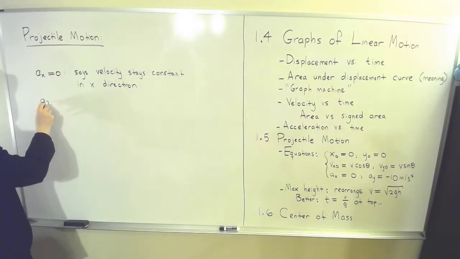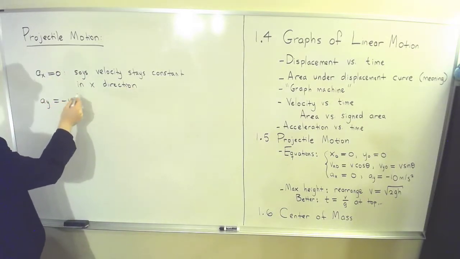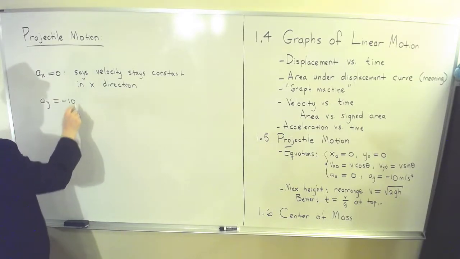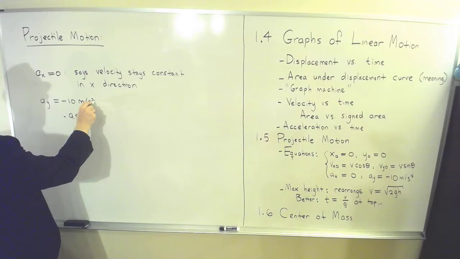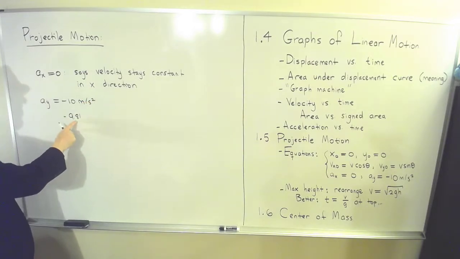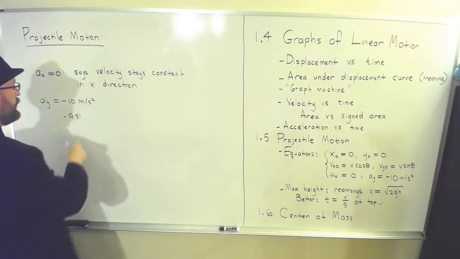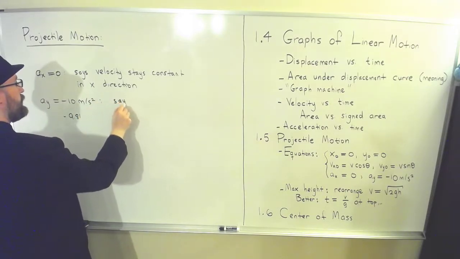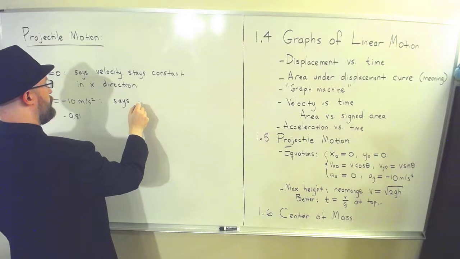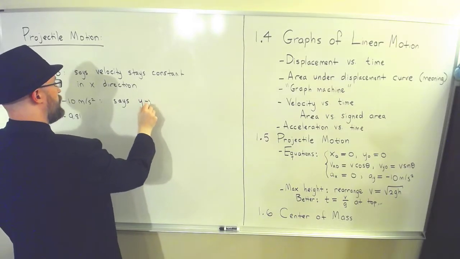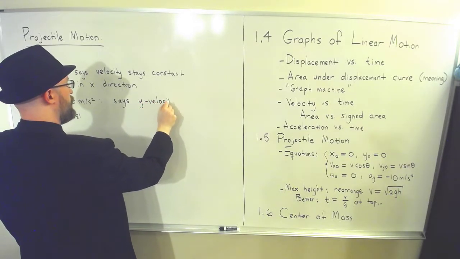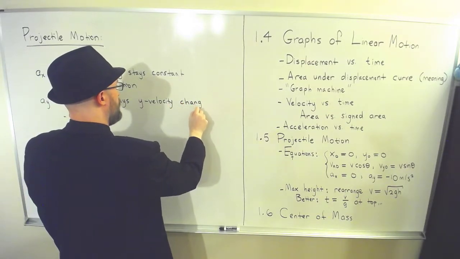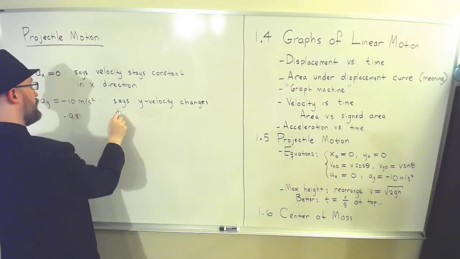And then ay equals minus 10. Where does that come from? Well, that's the force due to gravity, and you may be used to minus 9.81 meters per second squared. This is sort of the more precise one. So what this equation says is that the y velocity changes due to gravity.